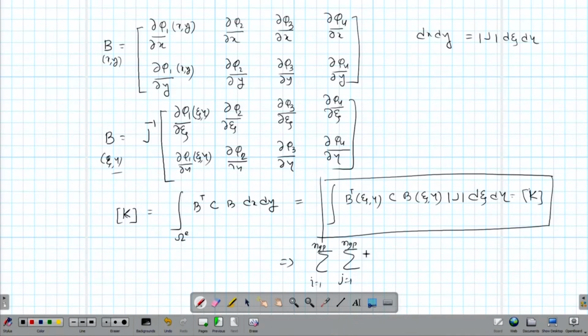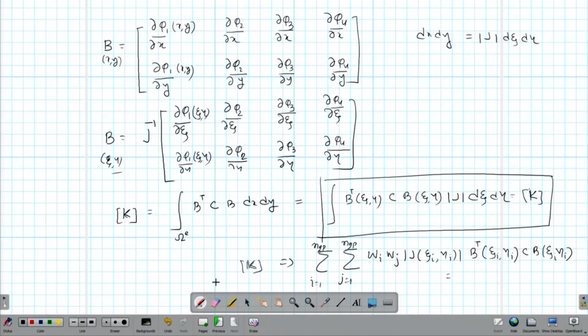Then wi and wj are the weights at the integration points. The determinant of Jacobian needs to be evaluated at xi i and eta j, and then B transpose needs to be evaluated at xi i and eta j, and C, and again B needs to be evaluated at xi i and eta j, and this will give us K.